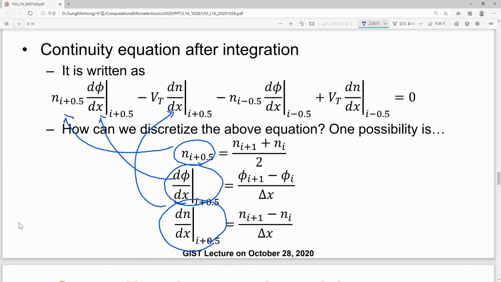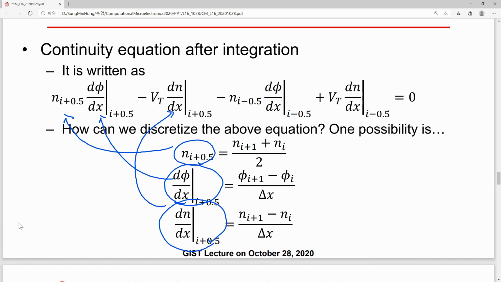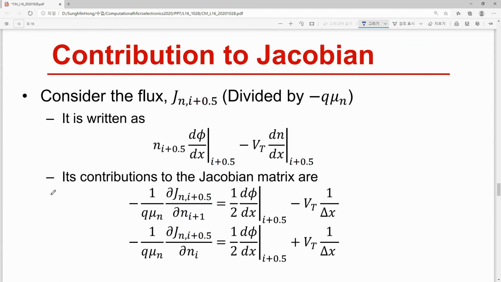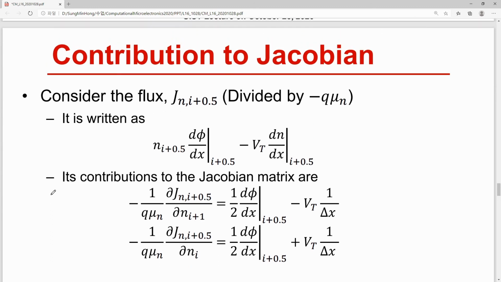Also the same copies for xi minus 0.5 can be found easily, so you can replace this one and this one. Then you have quite a complicated expression, but anyhow you can calculate the Jacobian matrix. So please review these expressions.